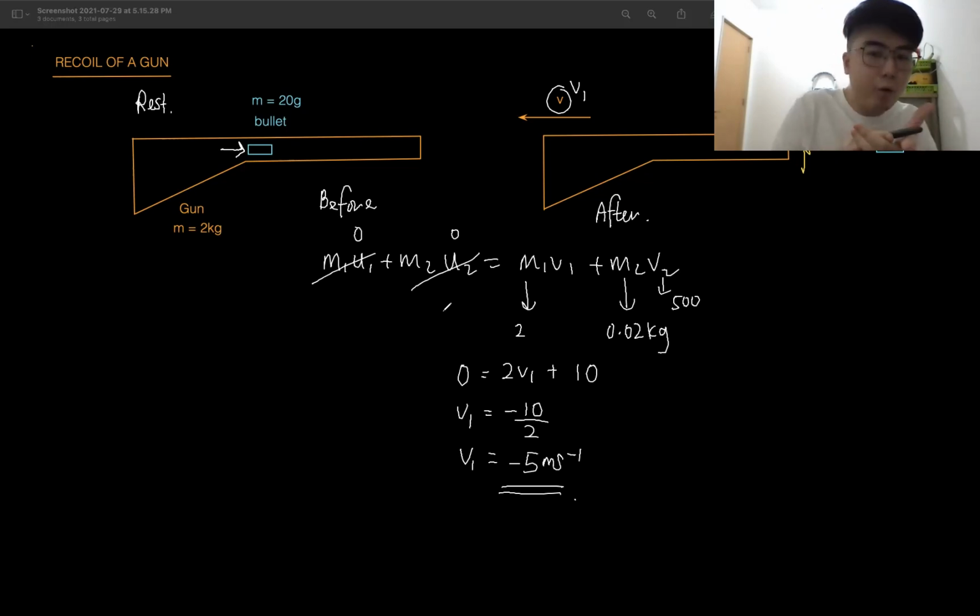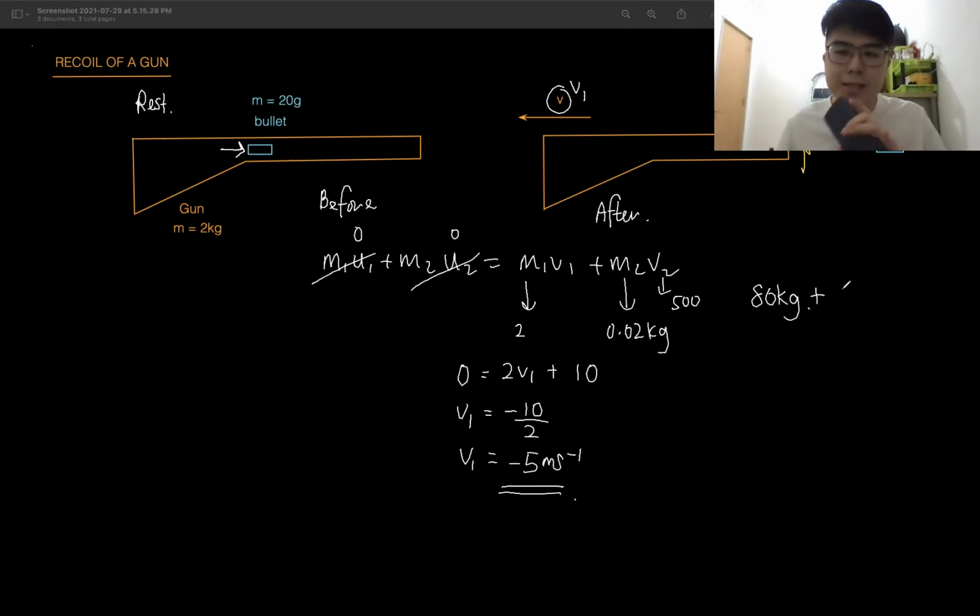Okay, I attach my own body mass to the gun so that they become one single body and the mass increases. So now M1, let's say your body mass is 80 kg, plus the mass of the gun, 2 kg. So you have 82 kg, right?